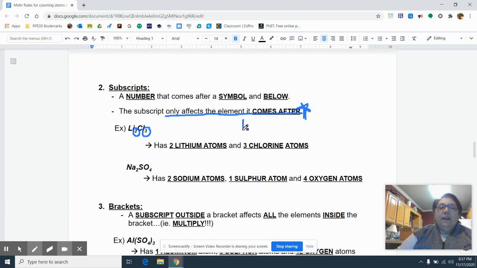So if I have Li2, I am only going to worry about the 2 with the Li. So I'm going to have 2 atoms of lithium. If I have Cl3, that tells me there's going to be 3 atoms of chlorine.